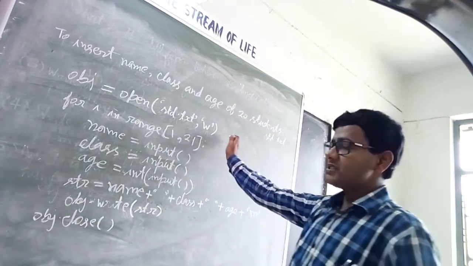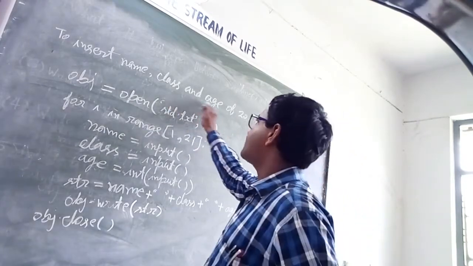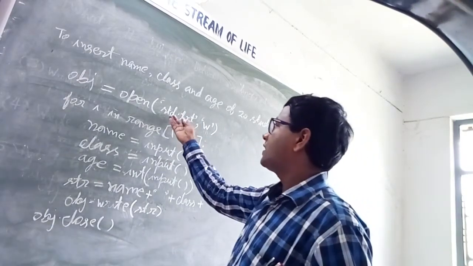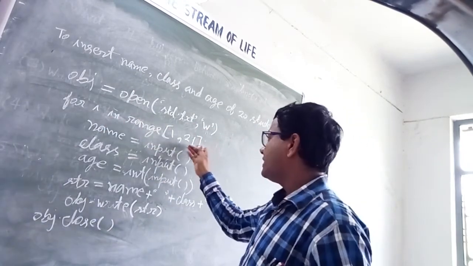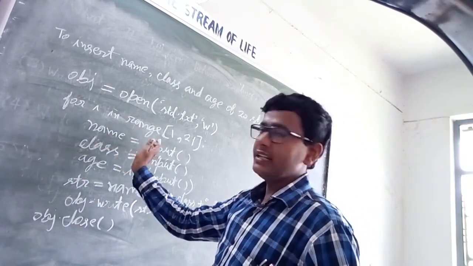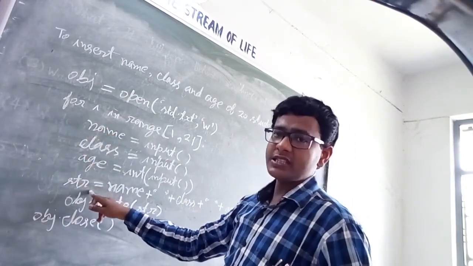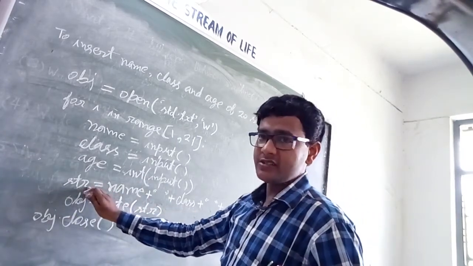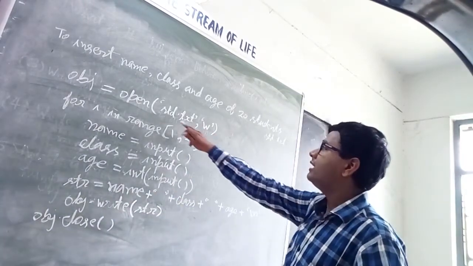This is the program for entering name, class and age of 20 students in a file. We open our file in write mode, using a for loop for taking 20 entries. Variables are name, class and age. We store these values in a string str, and this str is used in the write function for entering these entries in our file std.txt.